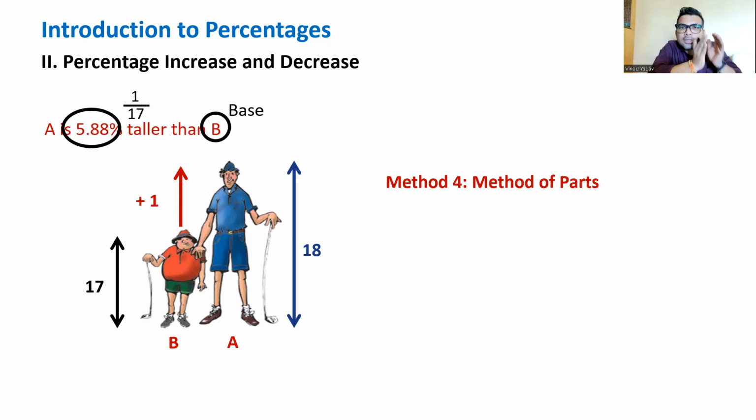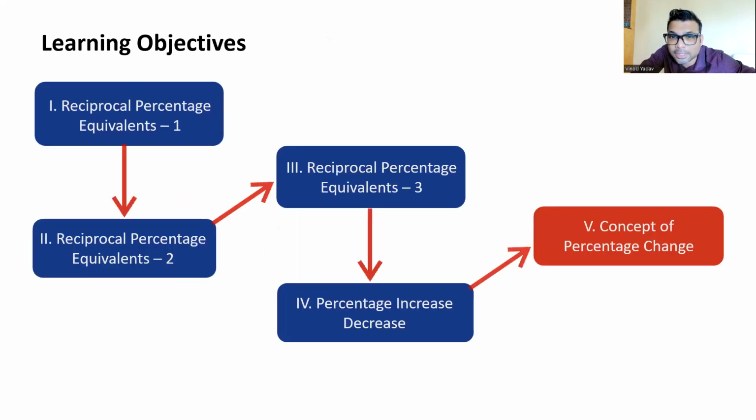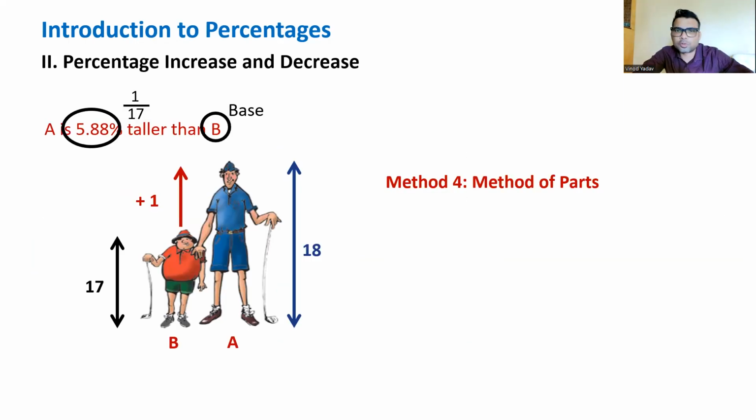So if B is 17 parts, A will be 18 parts. If B is 34 parts, A will be 2 parts more, 2 by 34. So A will be 36, and like that. In the most reduced form, if B is 17 parts, A is 1 part more, so A is 18 parts. This is lovely logic. B is 17 parts worth of height and A's height is 1 part more, so A's height is 18 parts.